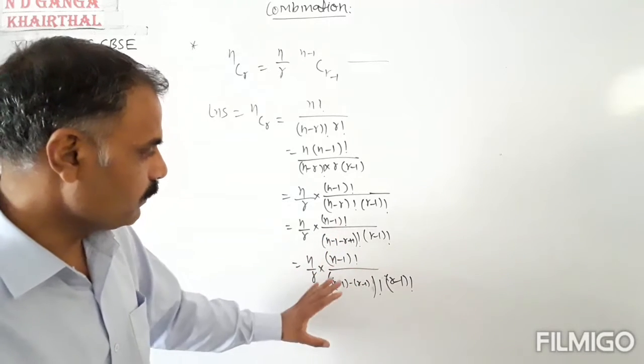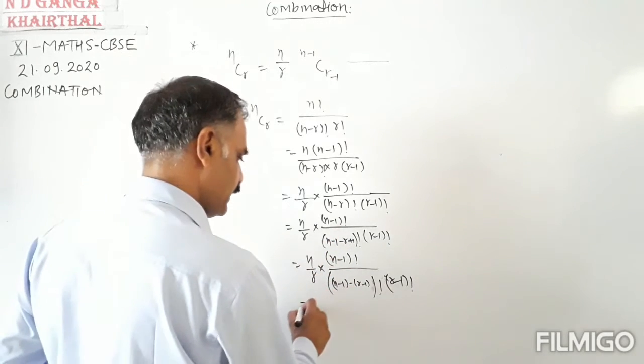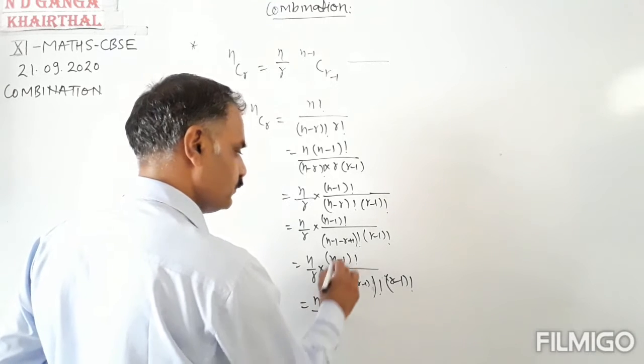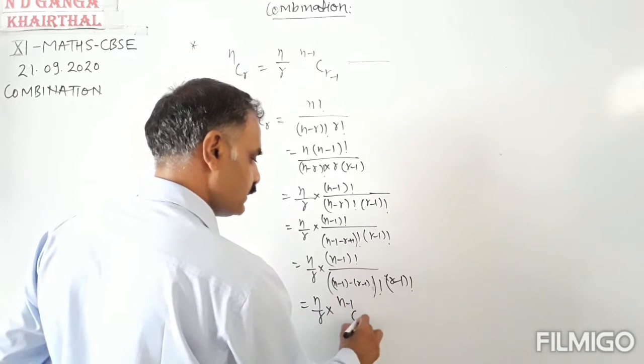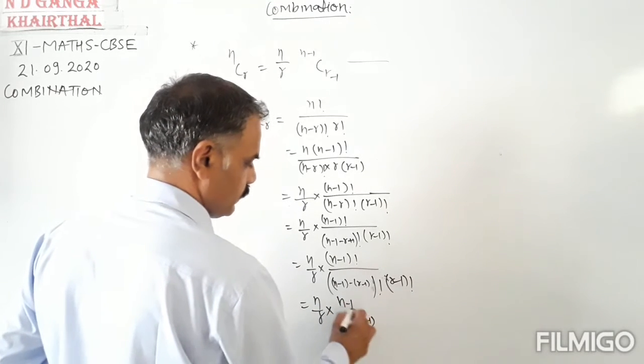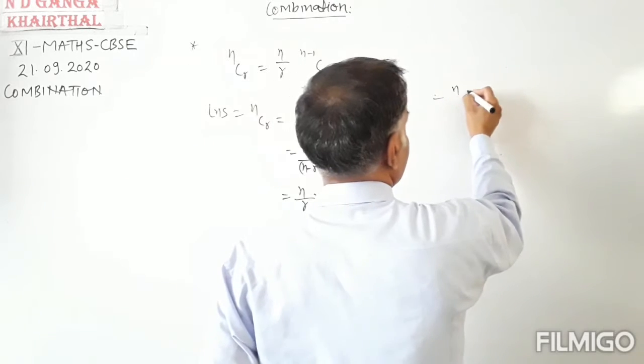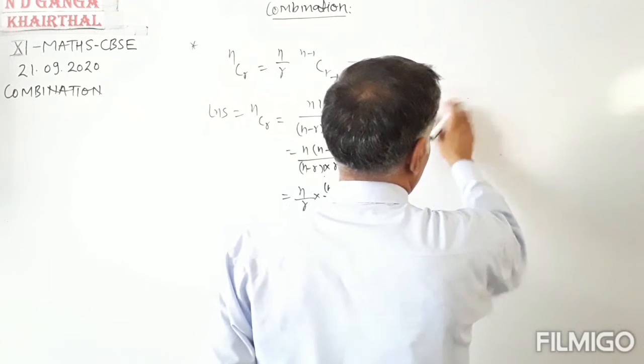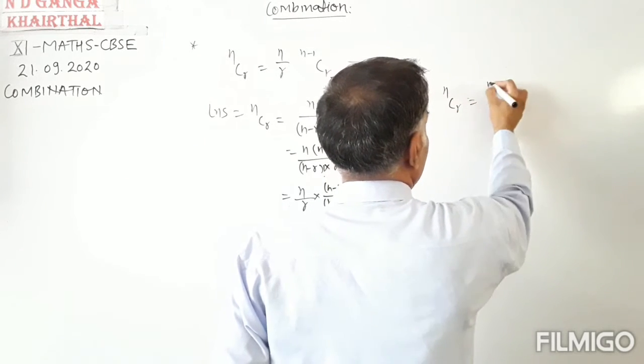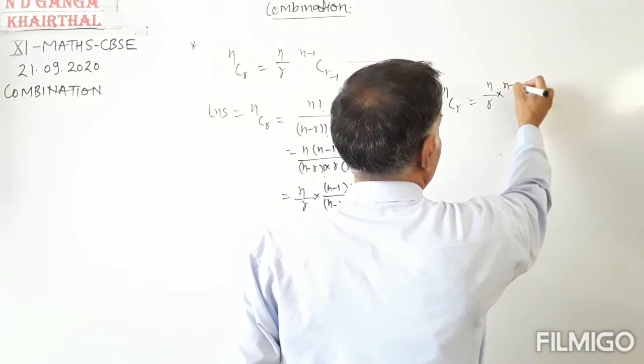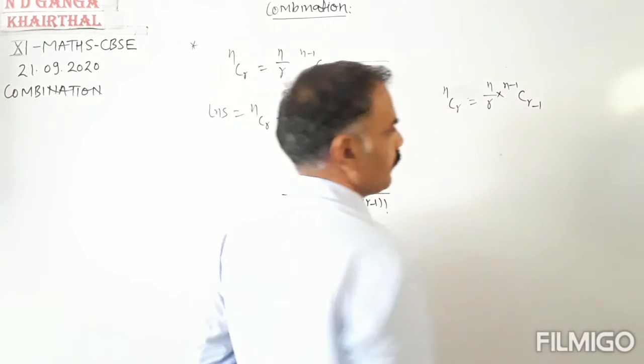Now we can write this as n upon r into n minus 1 C r minus 1. Okay, so nCr equals n upon r into n minus 1 C r minus 1.